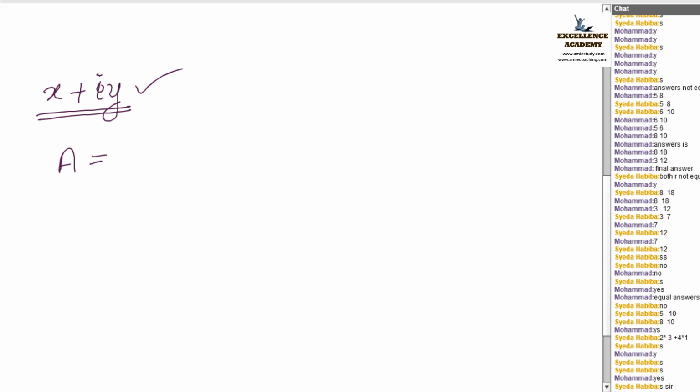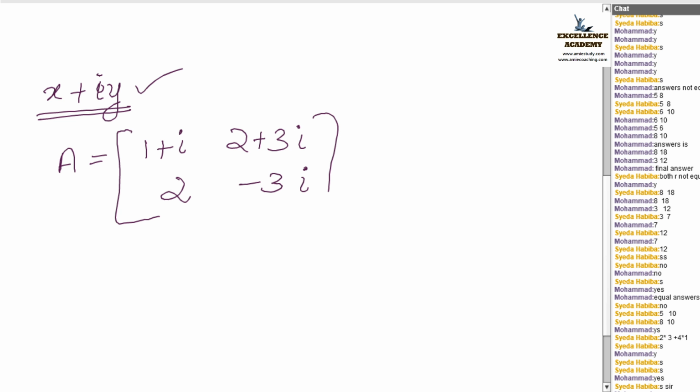If A is, say, one complex number I am introducing here, instead of real number, I am writing it as complex number. So, this is a matrix of complex numbers. As we have already mentioned in the definition of matrix, matrix is an array of numbers or an array of functions. Therefore, here this can be a complex number also.